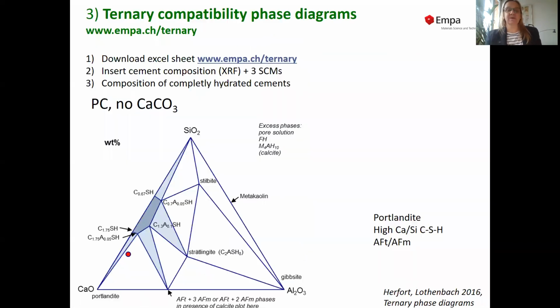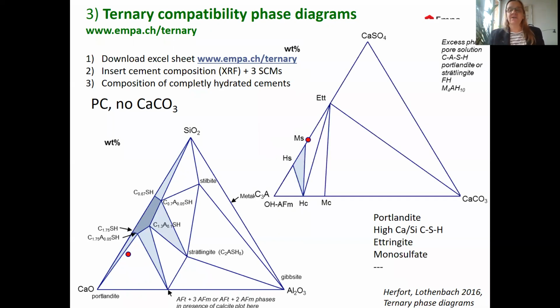And naturally you can make a much nicer picture if you export the data to respective software. The third version you can use is the so-called ternary compatibility phase diagrams, which have been originally developed by Duncan Herfort. This is basically based on the idea that for an existing cement, you can plot the composition of the hydrates on two ternary diagrams, one consisting of calcium oxide, aluminium oxide, silica oxide, and a second one focusing on C3A, calcium sulfate, and calcium carbonate.